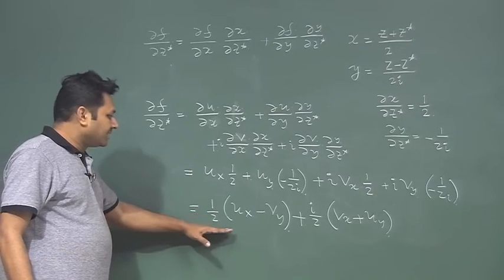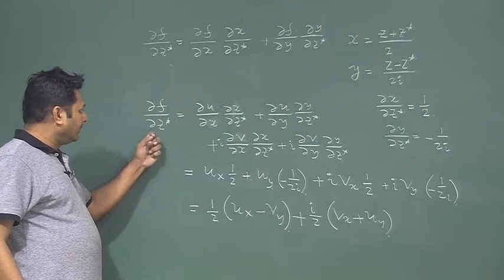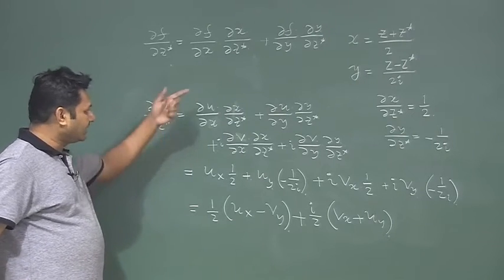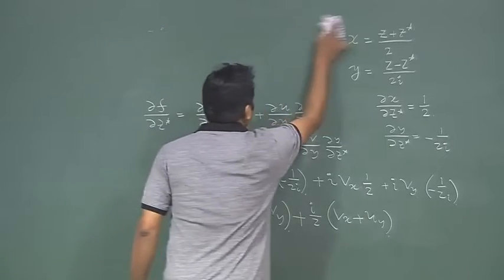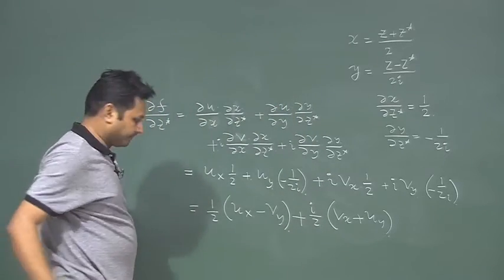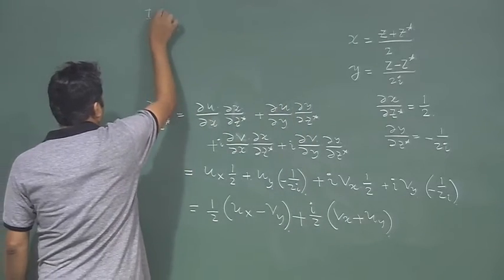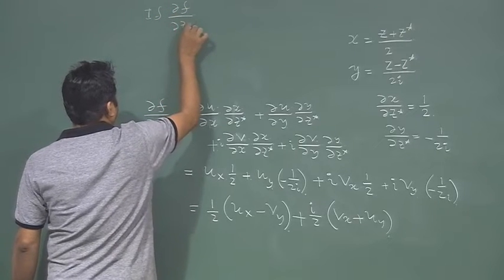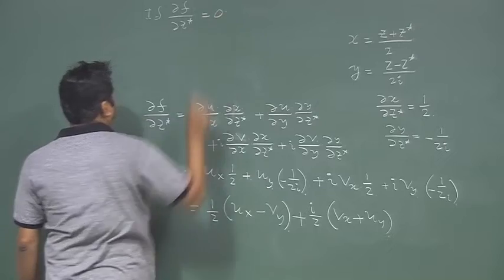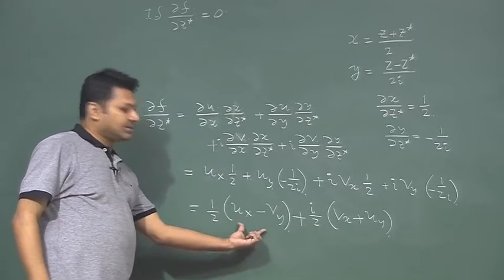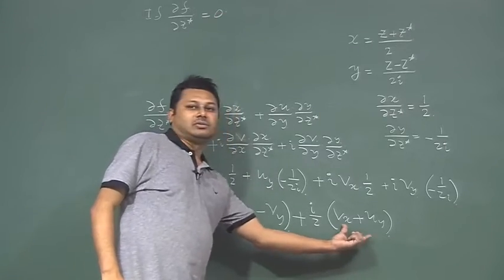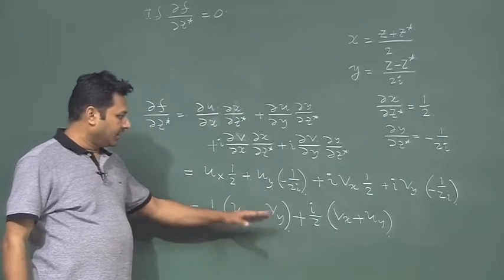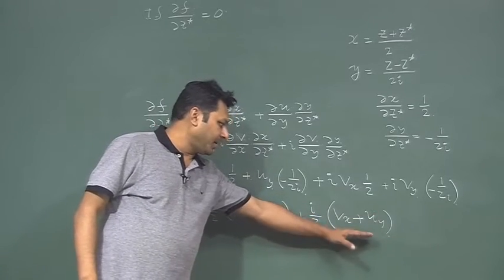Now, you can readily understand that if del f del z star is 0, that essentially means this is 0 and this is 0, because this is the real part and this is the imaginary part.